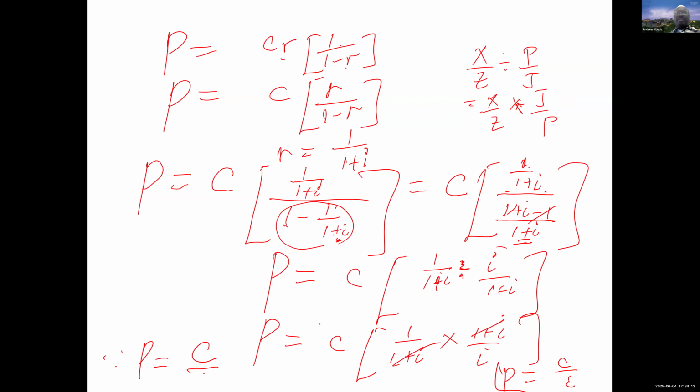So you can always calculate the price if I tell you this is the formula: price equals C over I, the interest rate. You can put a little subscript here to re-emphasize that this is the price of a console, and that's the interest rate on that console. Okay.